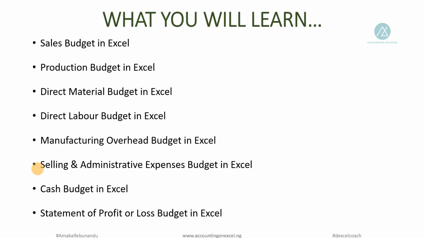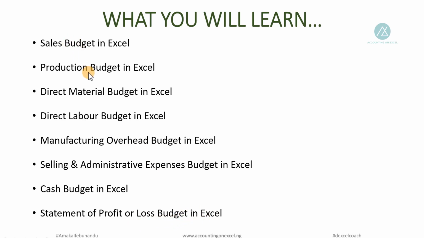Now, what you will learn in this training. This is a series of training, as I stated earlier, and you'll be learning the sales budget in Excel. These are things we'll be preparing: production budget in Excel, direct material budget, direct labor budget, manufacturing overhead budget, selling and administrative expense budget, cash budget, statement of profit or loss budget in Excel.